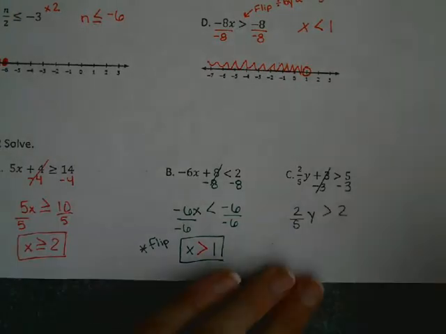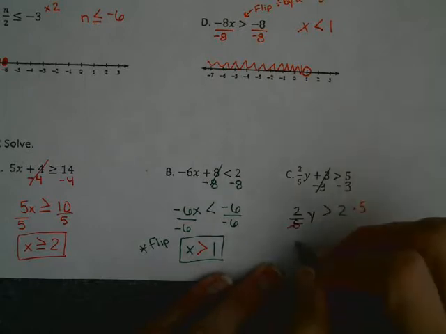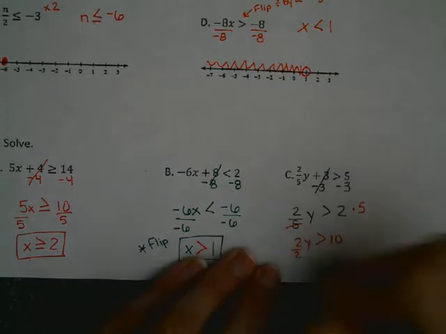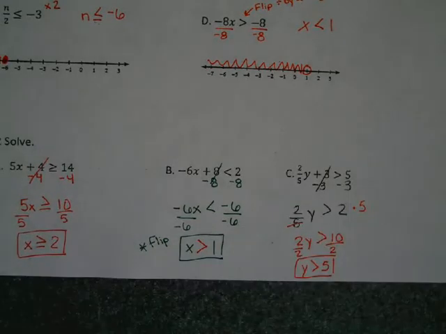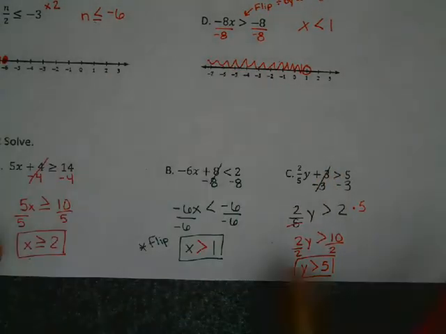So opposite of divide by 5, I'm going to times by the 5 to the other side. You get 2y is greater than 10. And then I'm going to divide by the 2. So y is greater than 5. I did not flip anything because I was dividing by a positive number there. Even if way back here you divide by 2/5, you're still dividing by a positive number.